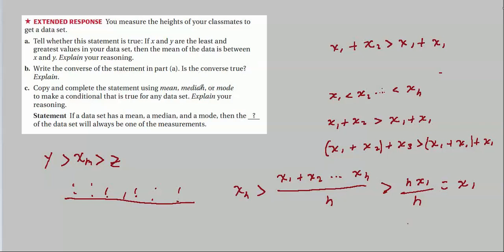This may not be part of your data set. The mode is the most frequently occurring value. So that value has to be in the data set. So the mode will always be one of your measurements. That's what makes this statement true.